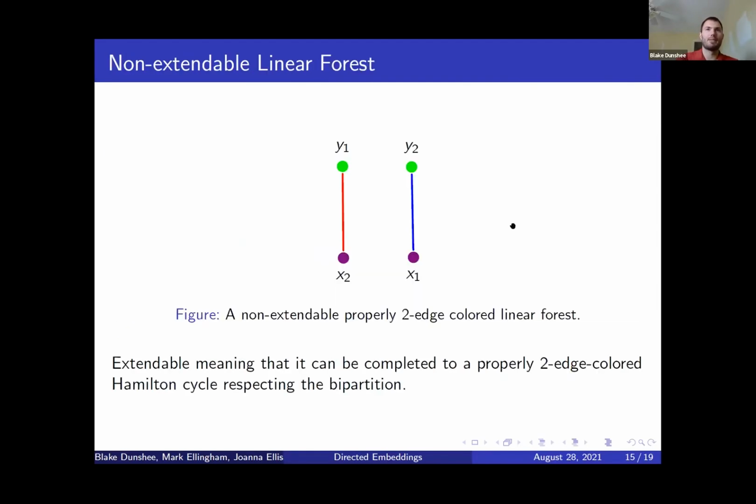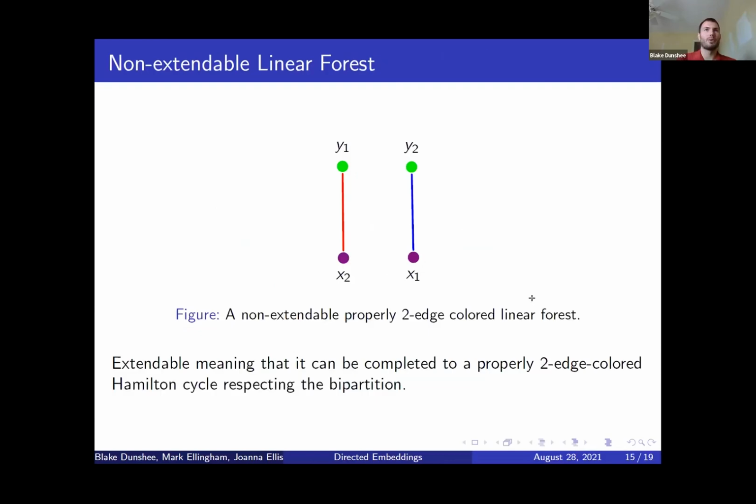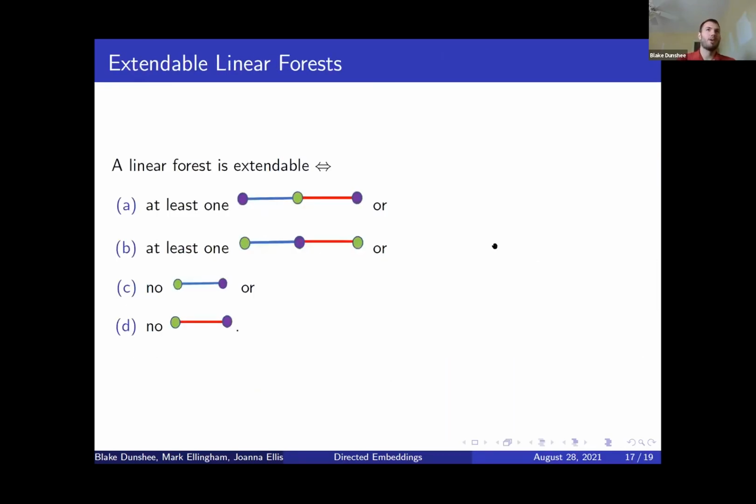The paths in these partial transition graphs break down into four categories. You have paths that begin and end with the same colored vertex of either color, and then you have paths that begin and end with the same colored edge of either color.